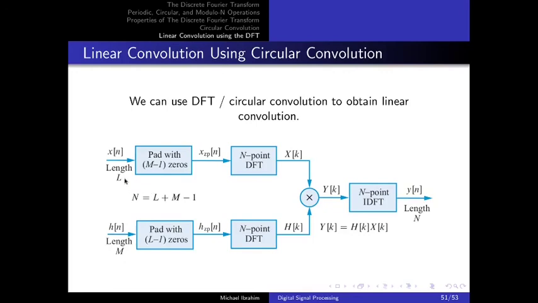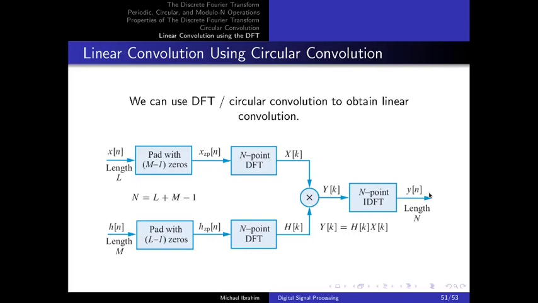L is the length of x, M is the length of h. Once we do so, we compute the N-point DFTs, multiply them together, and then do the inverse DFT, and this will give us the linear convolution.